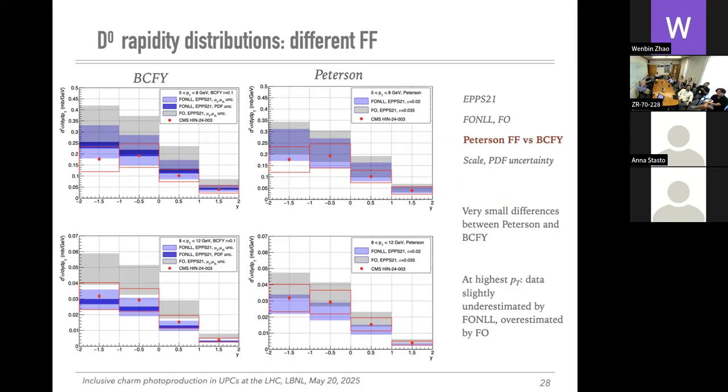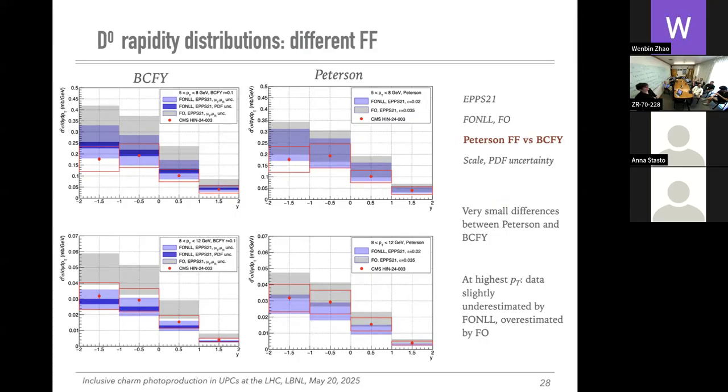There is that part we haven't explored too much, and this is something that needs to be explored because there is no guarantee that, for example, it's exactly the same fragmentation in UPC on a nucleus as on a proton, right? I mean, it's a different environment.